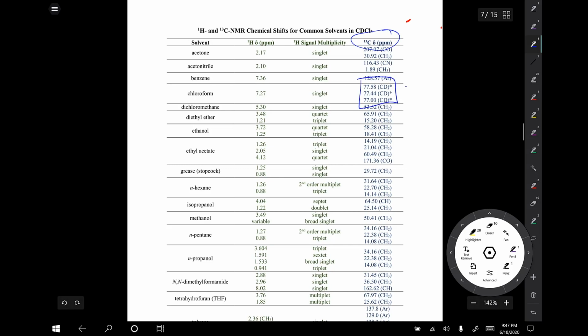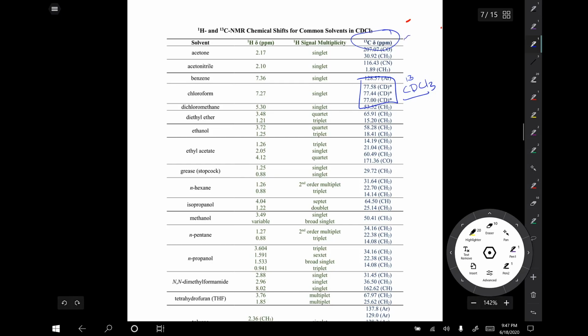For NMR, we use deuterated solvents. The reason we do is because deuterium is picked up in a different frequency range than protons, and so it allows us to see the protons. If we were to use CHCl3, that would really make it difficult for us to see our compound. But in this case, we do have a carbon, and there is a 1.1% abundance of C13, and C13 is really what we're picking up in the carbon NMR.